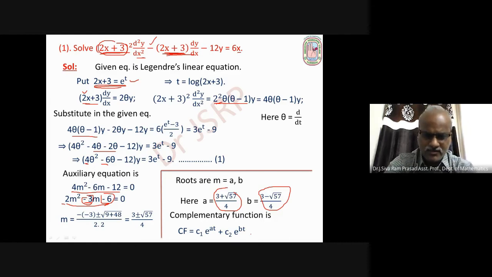Right. Now we convert this complementary function in terms of t by using these substitutions. E power at means e power t whole power a, and e power bt means e power t whole power b. Okay, so you can write c1 into e power t whole power a plus c2 e power t whole power b.